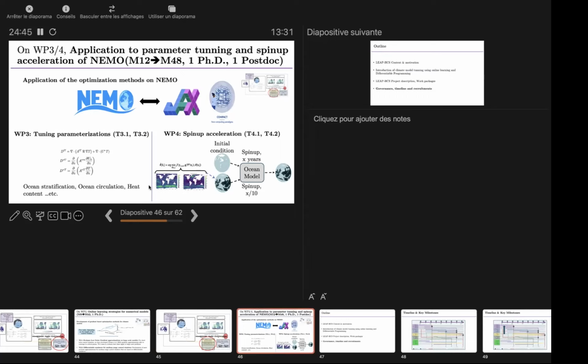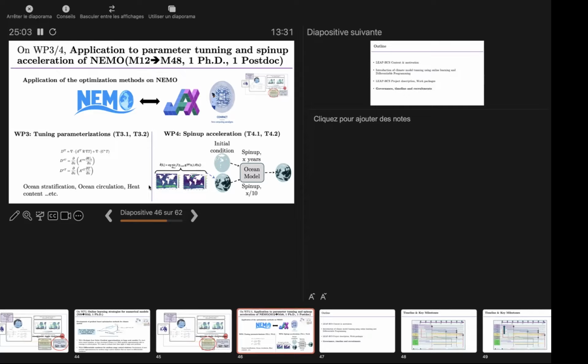So WP number 3 will focus on tuning parameterizations of NEMO, and we'll focus on the vertical mixing and eddy parameterizations. And WP4 will be focusing on spin-up acceleration.